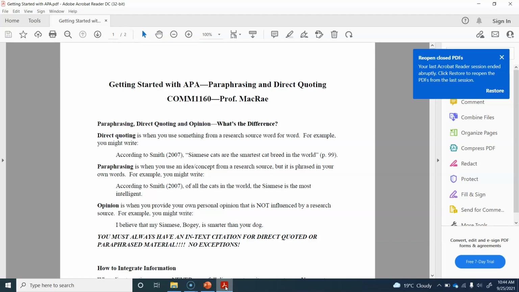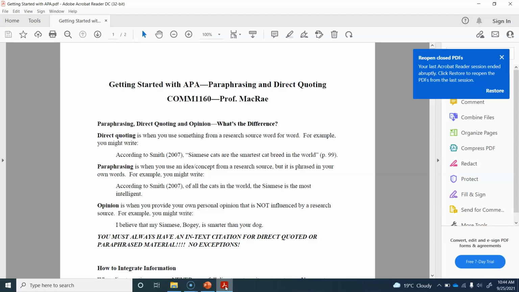So as I just mentioned, direct quoting is when you use something from a research source word for word, so that you're reproducing exactly what it is that you read in an article, on a website, in a book. So, for example, if you were reading a book that was written by somebody with the last name Smith, let's say, and you came across the sentence, Siamese cats are the smartest cat breed in the world.